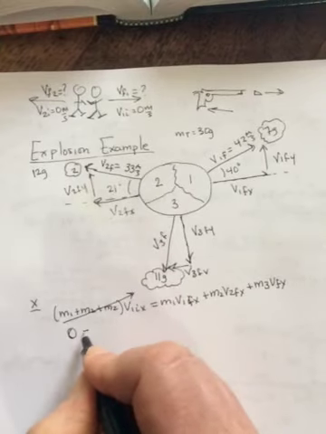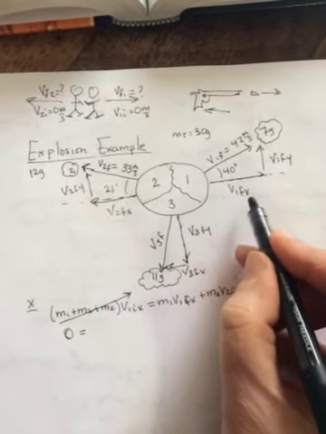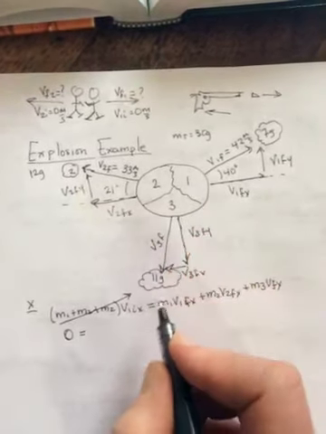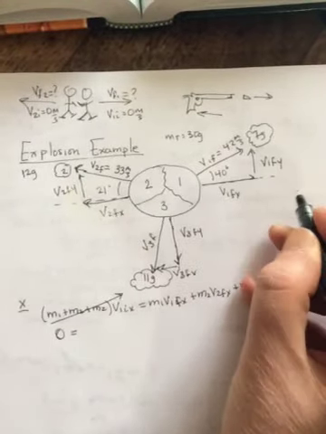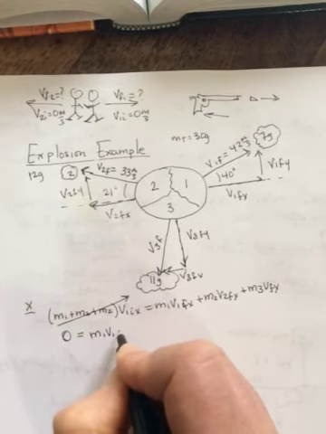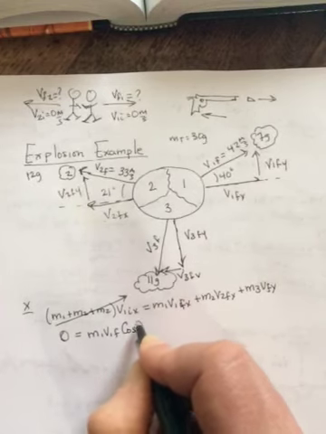I would highly suggest that before you rearrange, look after your directions, because V1Fx is going one way and V2Fx is going the other way, and you don't want to screw up your signs. So assuming that we call east positive, this will be m1 v1F cos theta 1.